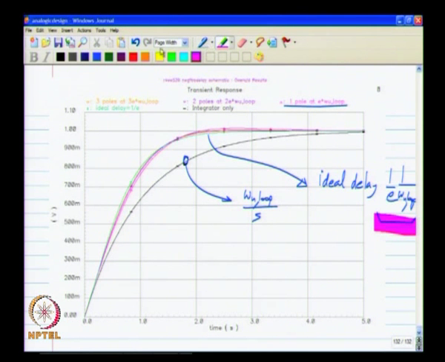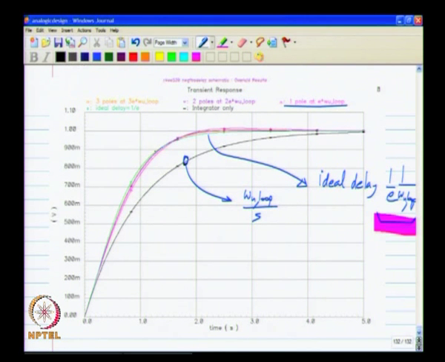So, the response is quite close to the green curve, which is with the ideal delay. I have taken 3 extra poles and 4 extra poles and so on, and all of them are bunched together in this area. In fact, the higher the order, the closer it becomes to the response with an ideal delay.